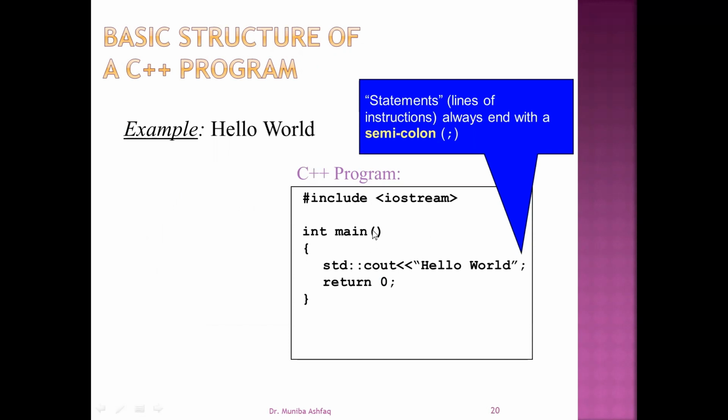In this case, you don't have to write std and the scope resolution here. You just write cout hello world. But if you have not written using namespace std, then you have to write std with the scope resolution, which is shown in this example.